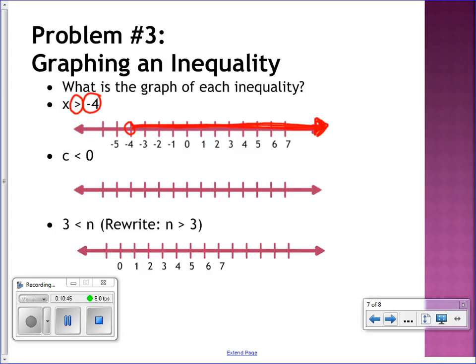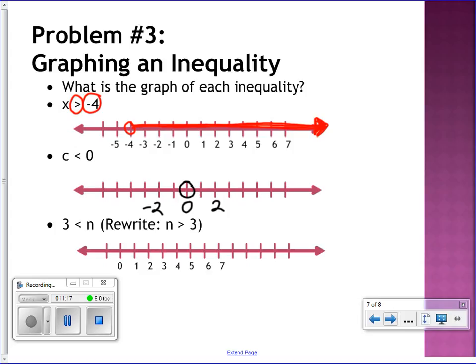Our next example, c is less than 0. And I don't have any numbers on here, so I'm going to put my 0 right here. It also helps just to label at least, I like to label at least 3 numbers, one on either side of where I'm putting my point. C is less than 0, it's not equal to, so again I'm going to have an open circle.